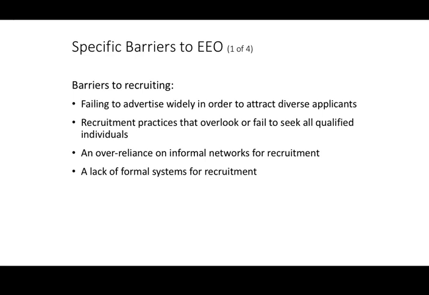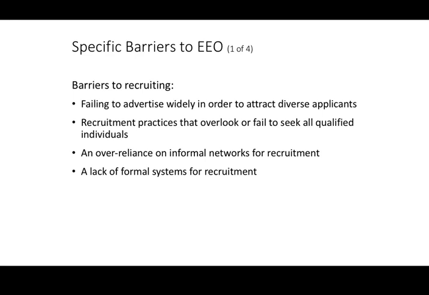We need to make sure that we're looking for the best candidates for the job. We have set criteria that we're looking for. We set that minimum criteria appropriately, and then we recruit those people regardless of what group they belong to. And again, the goal is to have a diverse pool so we increase the likelihood of finding the best candidate for the job.